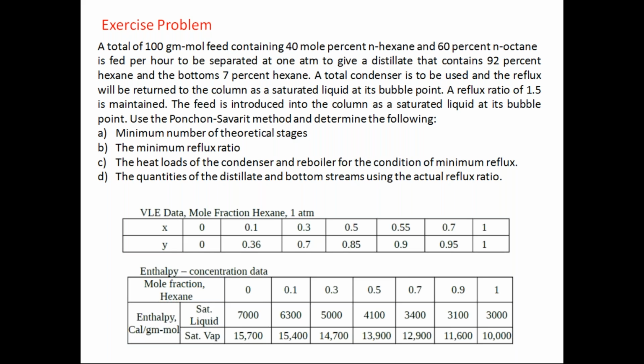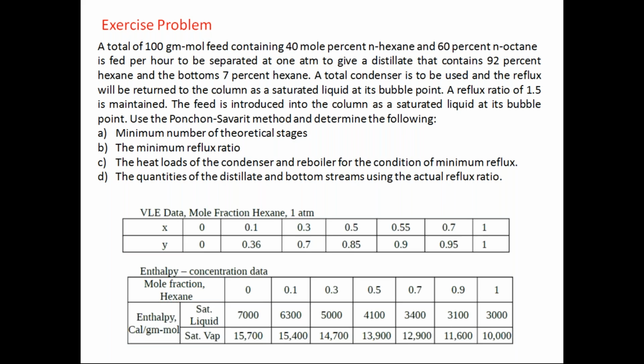Use the Ponchon-Savarit method and determine the following: the minimum number of theoretical stages, the minimum reflux ratio, the heat loads of the condenser and reboiler for the condition of minimum reflux, and the quantities of the distillate and bottom streams using the actual reflux ratio.